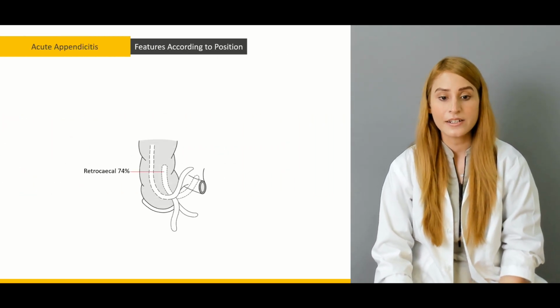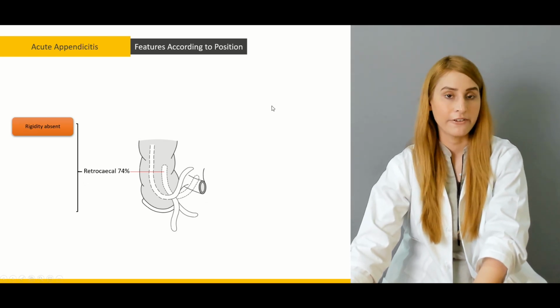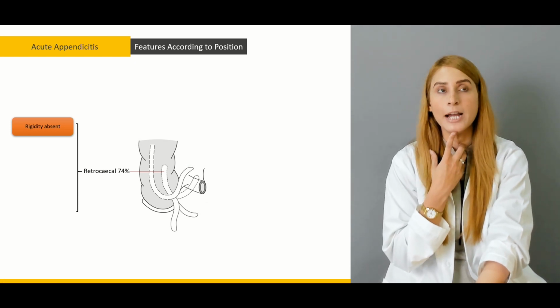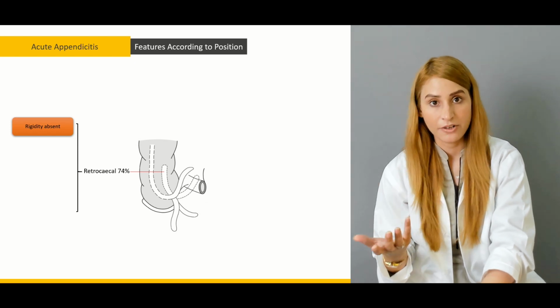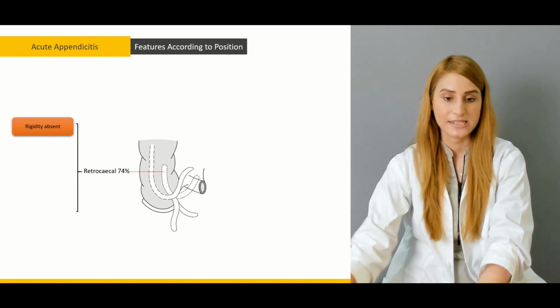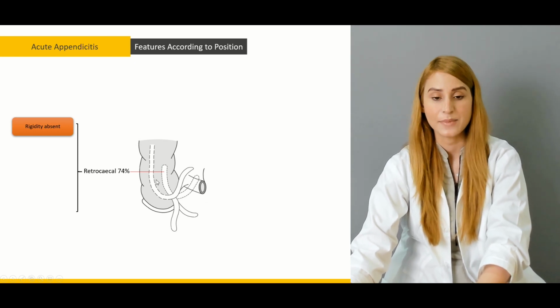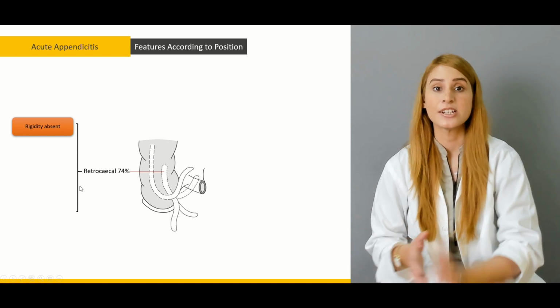So features according to position, I have already discussed the different variations in the position of the appendix, and I believe that a few of the symptoms are related to the positioning of the appendix. So we know that the most common position is the retrocecal appendix, and that's about 74%. And in case of the retrocecal appendix, the rigidity is absent.